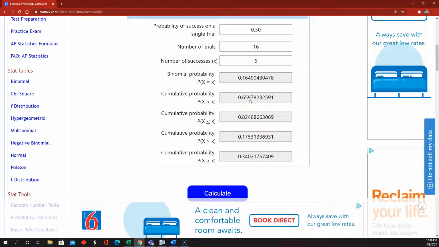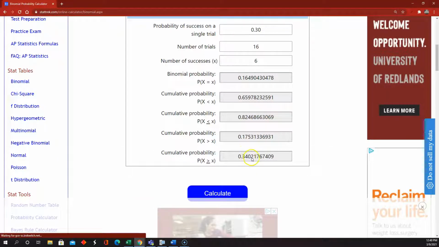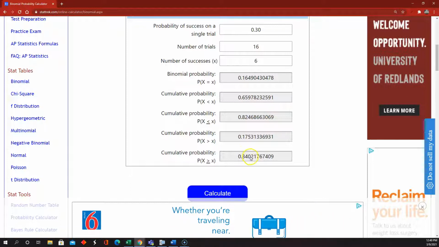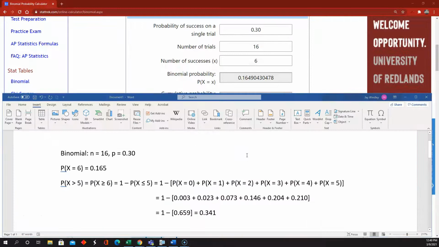So there's a whole bunch of ways of getting the 0.659, and subtracting that from 1 gives you 0.341, rounded off a little bit differently, but the same 0.341. So there's a bunch of ways of getting that one, either via technology or via the table.